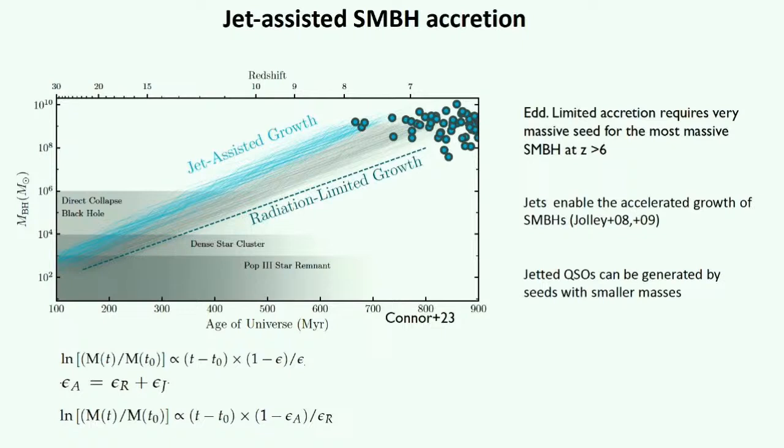For this object here, we would need seeds with a mass that exceeds 10 to the 4 solar masses. This, of course, is a theoretical problem. The idea is that if the system is characterized by a jet, the efficiency of the system changes and the growth is much quicker. And this could explain, for example, this object starting even from Pop III star remnant seeds.